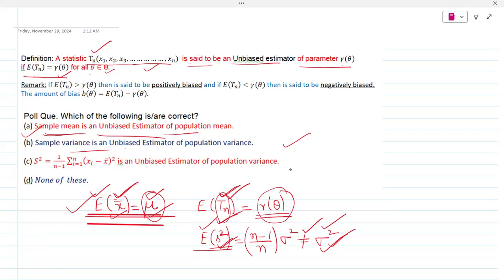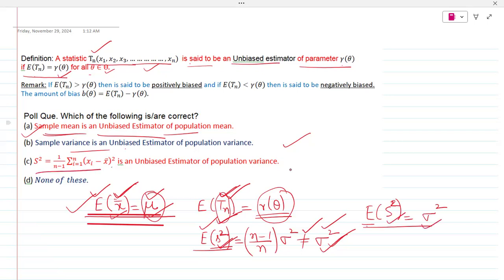And the expected value of capital S square is equal to sigma square. Actually, all these results I have proved in the previous lecture, so one must go through that. The expected value of capital S square, as mentioned here, is equal to sigma square.